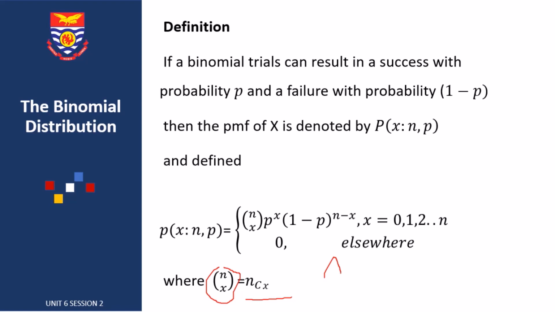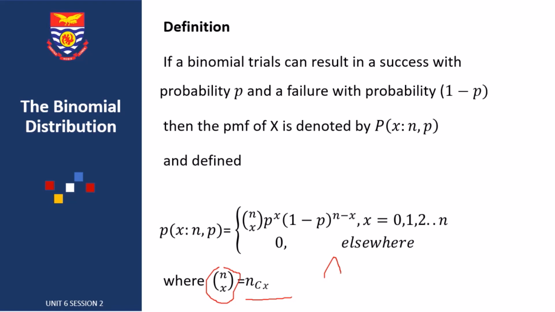For instance, when we say the probability that a seed will not germinate, it's not a positive one, but that is our probability of success because that is what we are interested in. The failure will then be the other way around, 1 minus p, the probability that a seed will germinate.